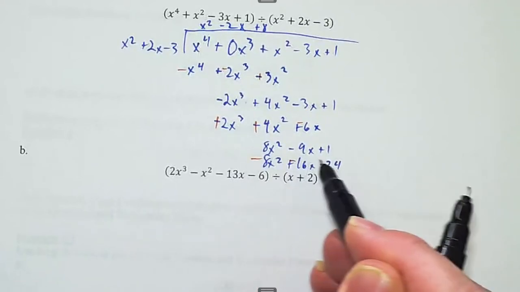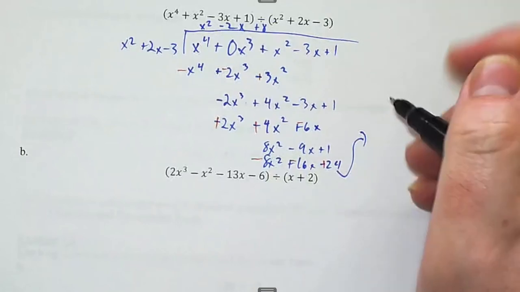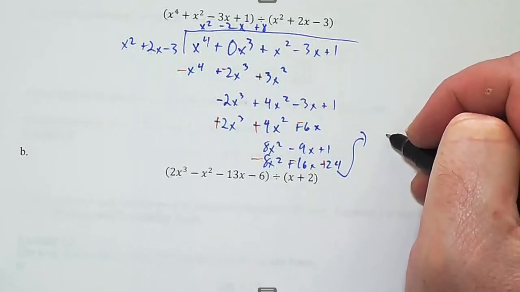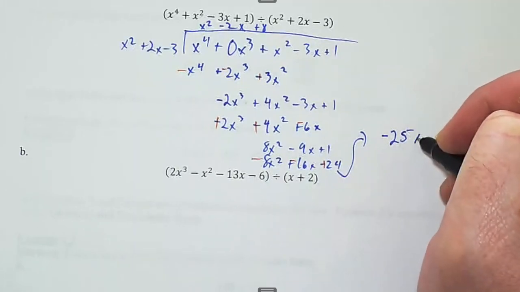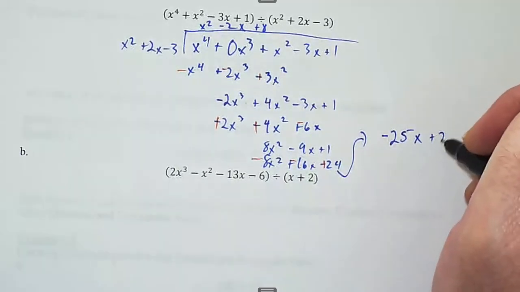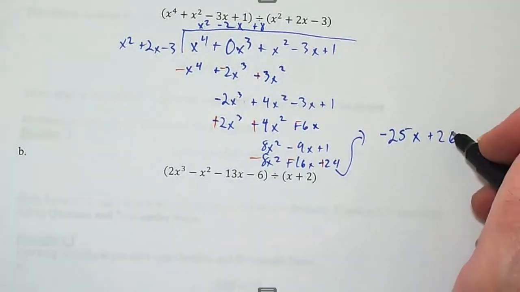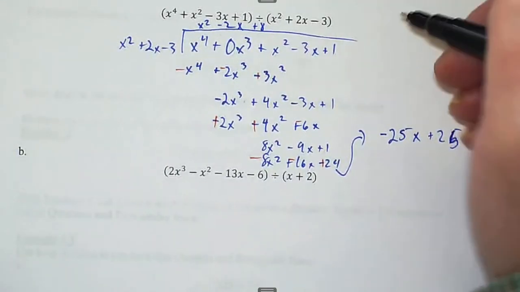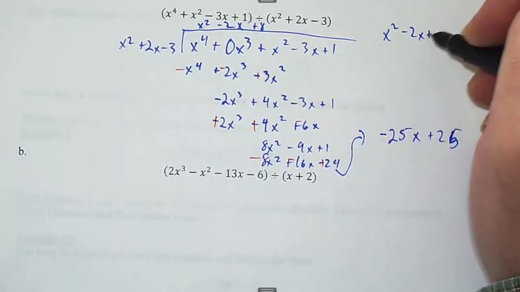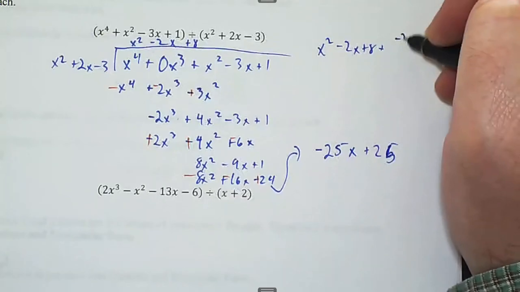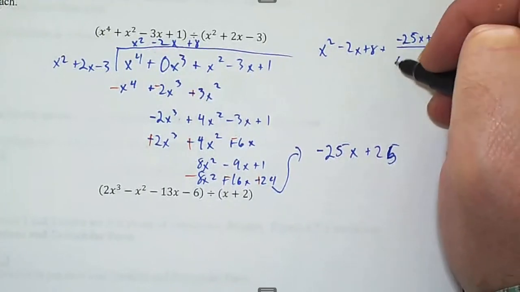And I'll distribute these negatives and change that sign. Kind of run out of room here, though. That's a negative, what is that, 25? Oh, plus 25. Thank you. All right, so our answer then is the quotient plus the remainder over the divisor.